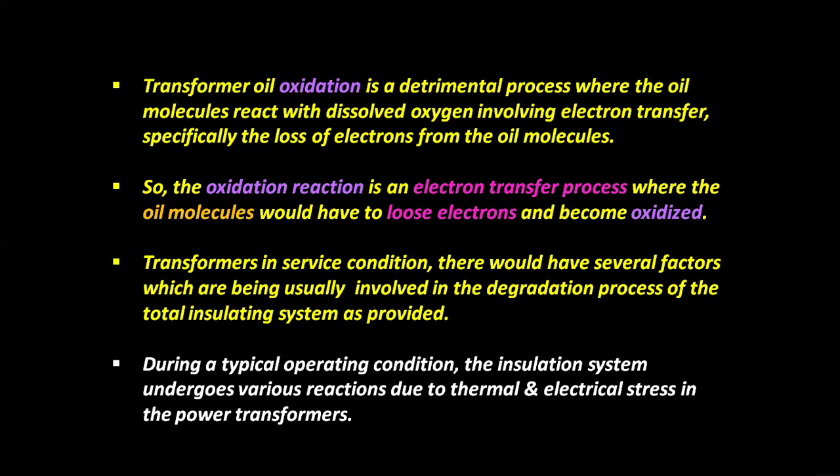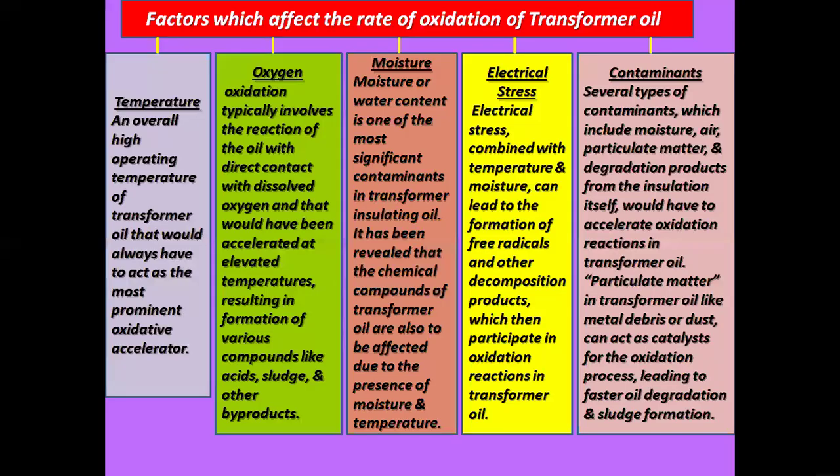During a typical operating condition, the insulation system undergoes various reactions due to thermal and electrical stress in the power transformers. Now see the chart. Factors which affect the rate of oxidation of transformer oil. 1. Temperature.